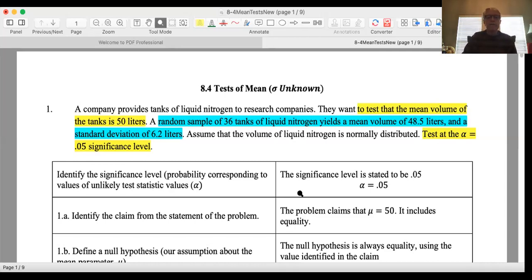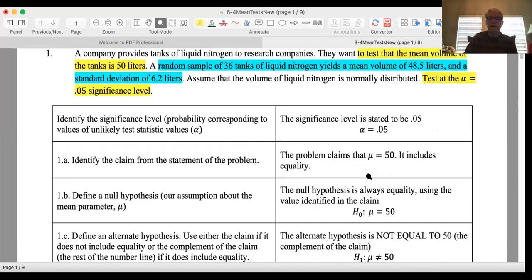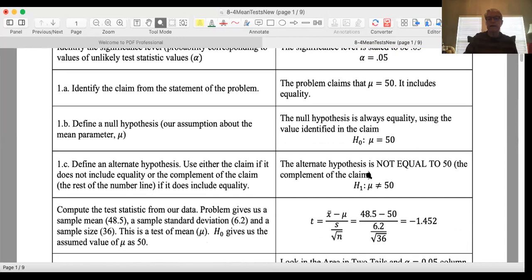And then from that, we can build our null and alternate hypothesis. And we see that the alternate is not equal, since the claim included equality. This makes it a two-tailed test, which is important when we get down to step 3. The information from the problem that the mean was 48.5 and the standard deviation was 6.2 and the sample size was 36 comes into play in the test statistic.